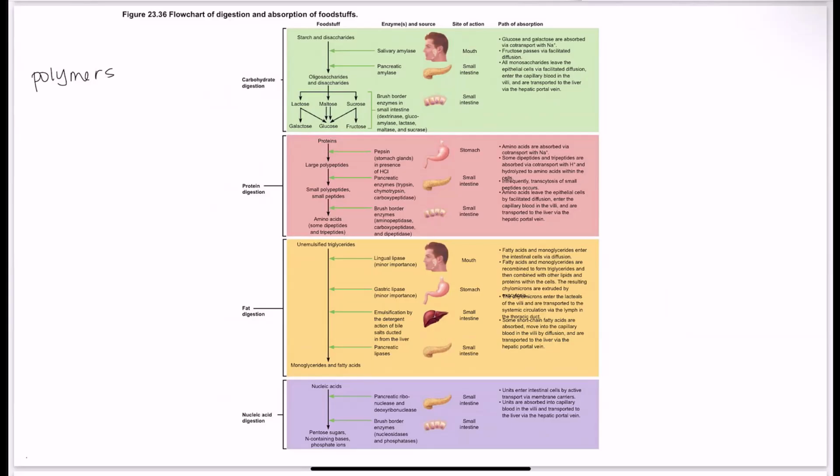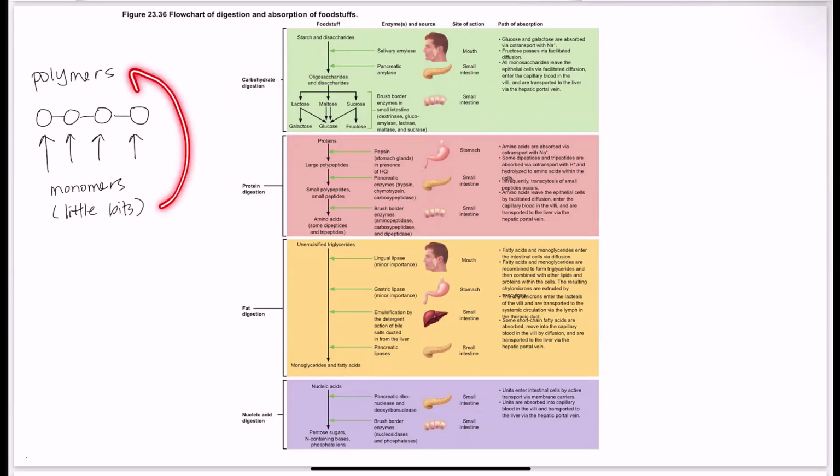Polymers are big molecules, and I'm simplifying this here, but if we had a bunch of simpler molecules, and of course it's not always a chain, polymers are big molecules consisting of little bits, and each of those little bits are called monomers. So little bits making up the bigger thing, which is the polymer.